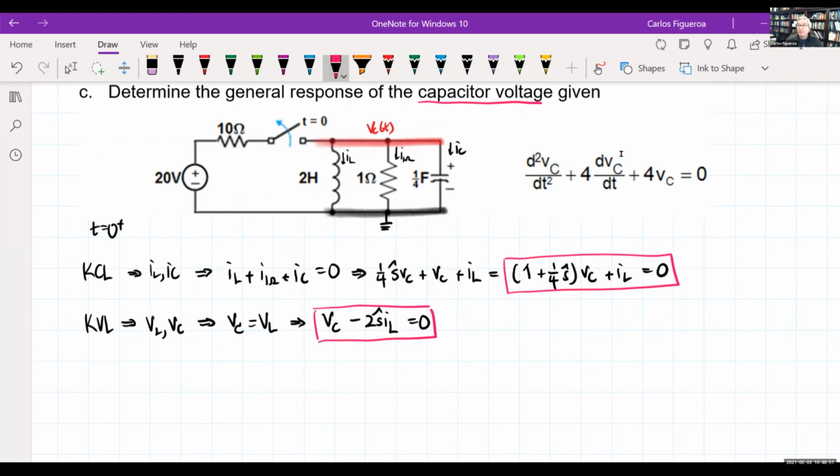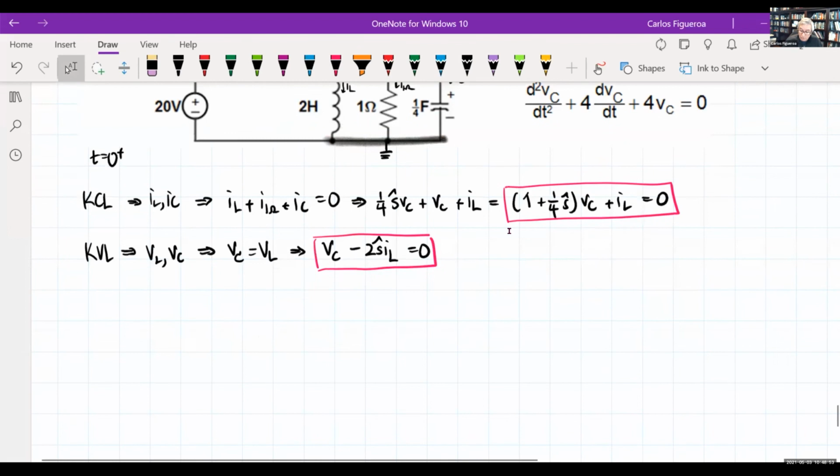So now I'm going to go in and I'm going to do up the matrix here. So if I do up the matrix, I'm going to combine my VC terms. Right, there's my VC terms, and then this guy's going to give me 1. This guy's going to give me 1, and this guy's going to give me minus 2 s hat.